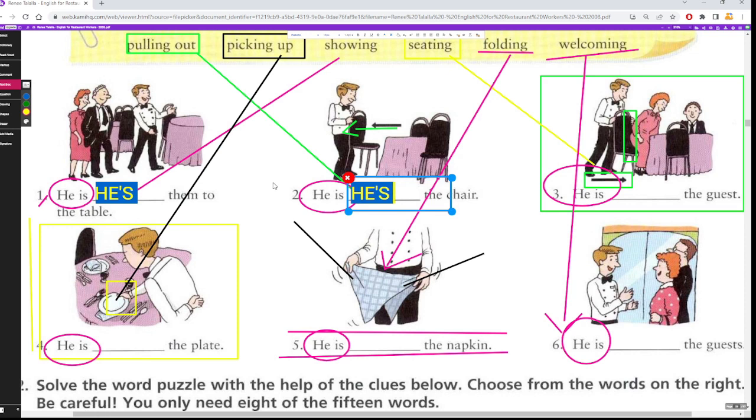He's showing them to the table. He's pulling out the chair. He's seating the guest. He's picking up the plate. He's folding the napkin. He's welcoming the guest. Excellent, excellent exercise.